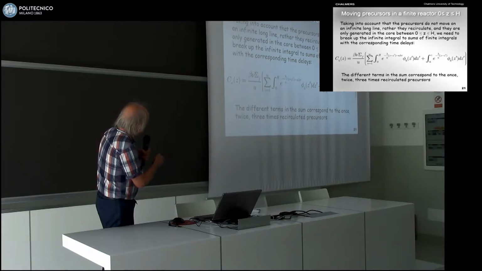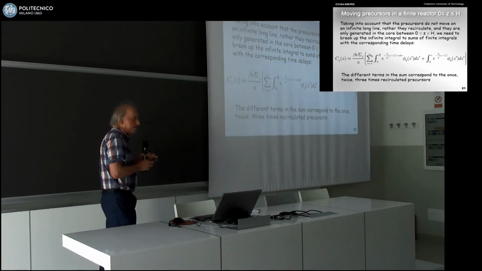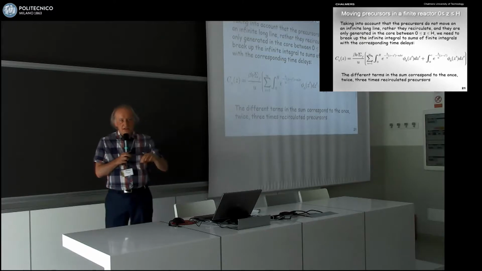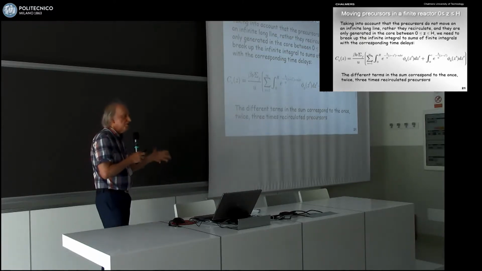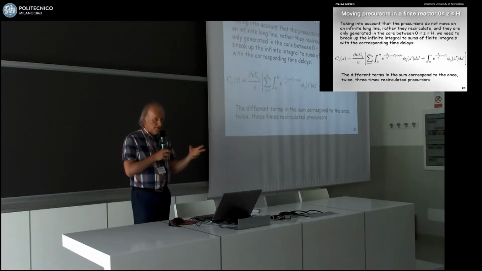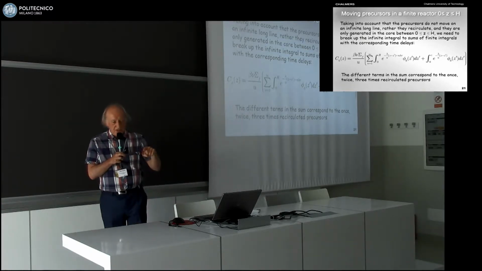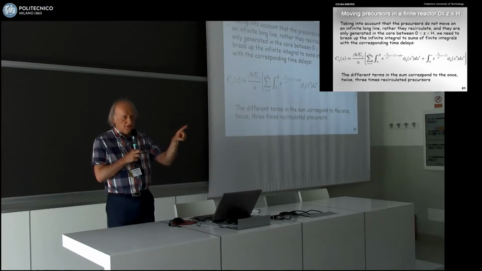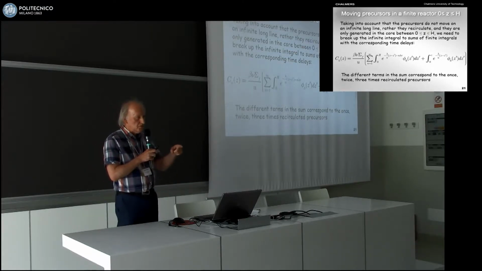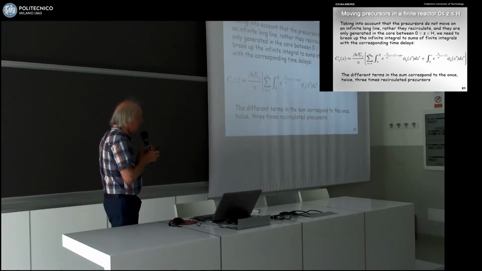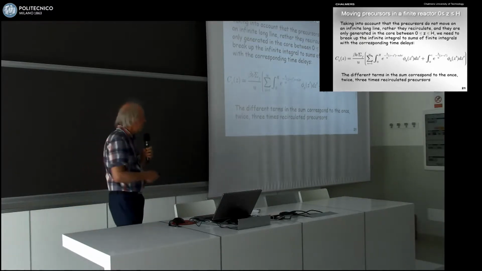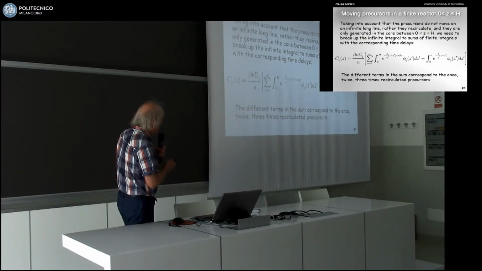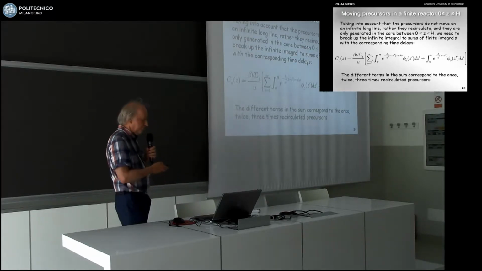Now, if you take into account that actually some part of the time the precursors were not generated because they were outside of the core, so that periodically there are times when they are not in the core, and then sometimes they are again in the core, then instead of having an integral from minus infinity to the point where we are, we have to split this integral up into two terms.